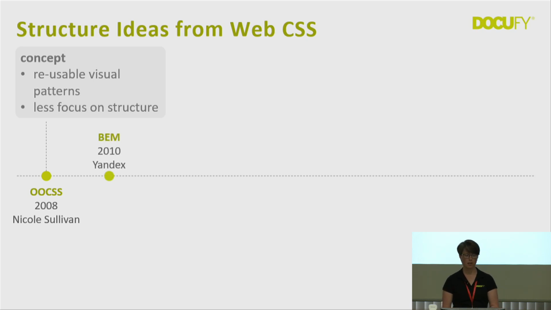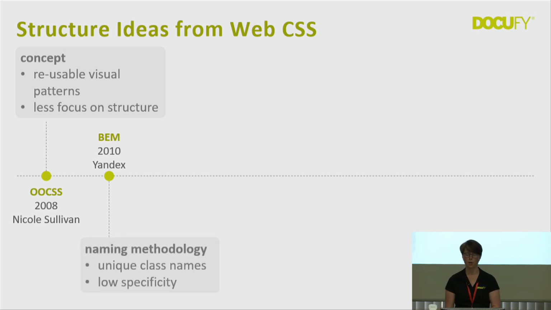But based on her ideas, Yandex published a naming methodology, BEM, that stands for Block Element Modifier, which offers a more concrete idea to keep specificity lower by adding one class per what you may call a pattern, and maybe one additional class for some modification of it.